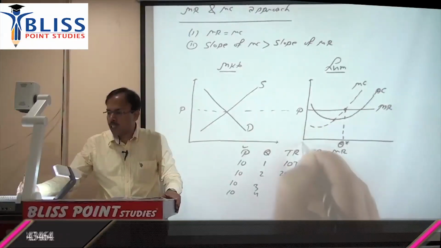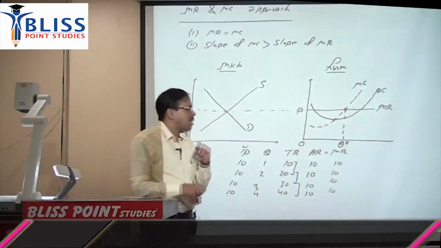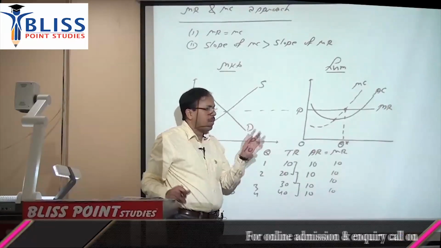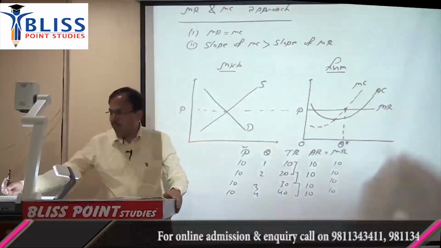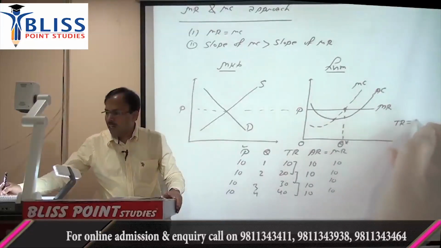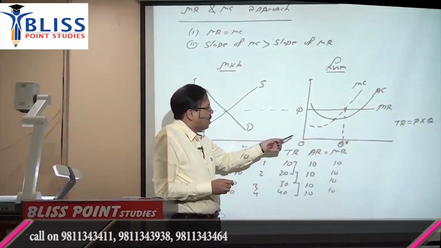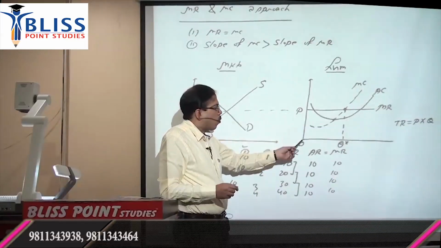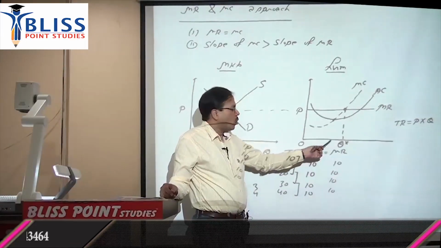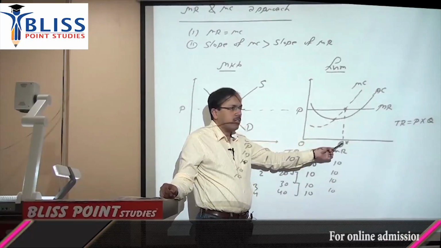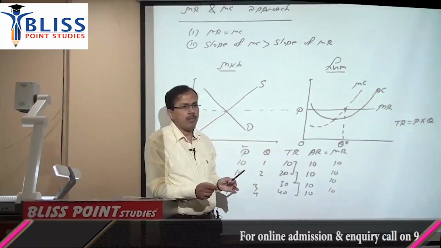Now the quantity is this. So which area is the total revenue area? When you have to determine total revenue, then total revenue will be what? Price into quantity. So price is this distance, quantity is this. So P into Q gives the area of this rectangle, and that will be your total revenue area.